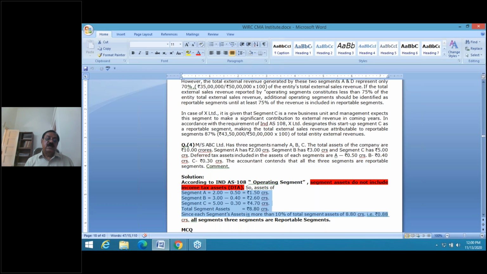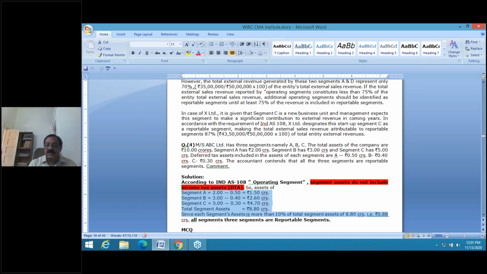So whose assets are 10% or more, that is 0.88 or more, they will come as reportable segments. A is 1.5, so above 0.88. B is 2.6, so above 0.88. C is also 4.70, that is above. So each and every segment has the assets criteria fulfilled.